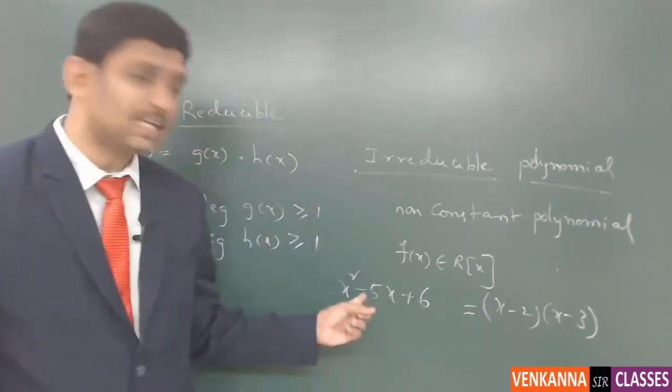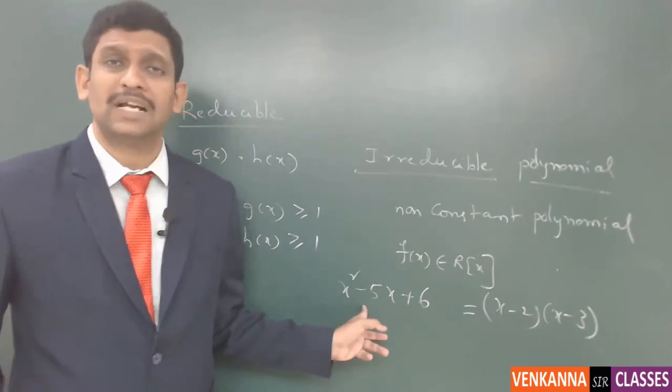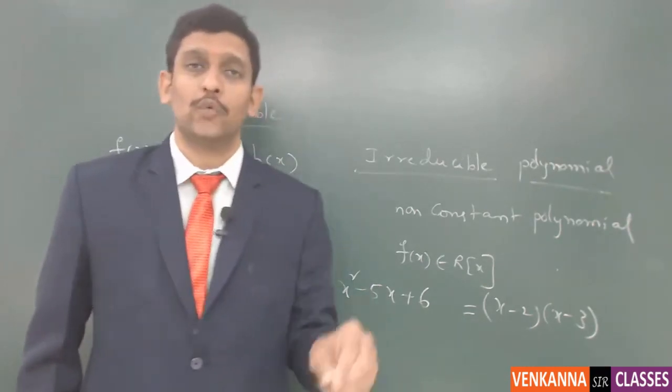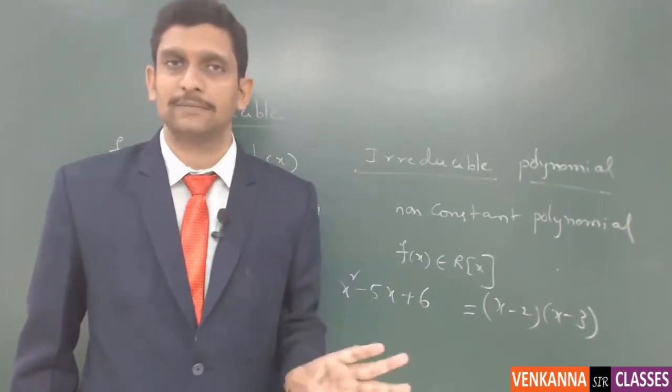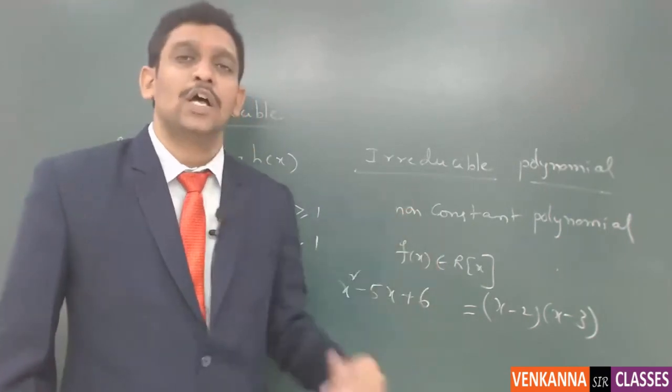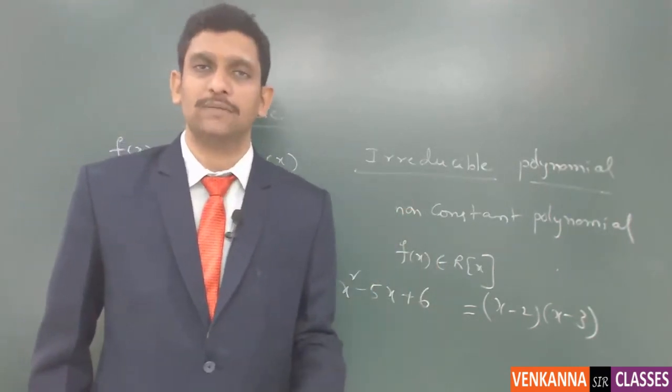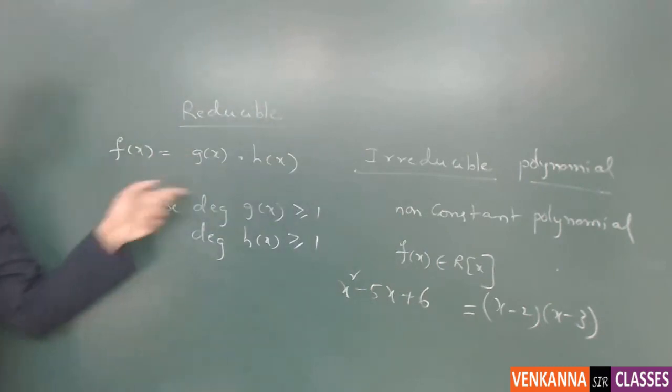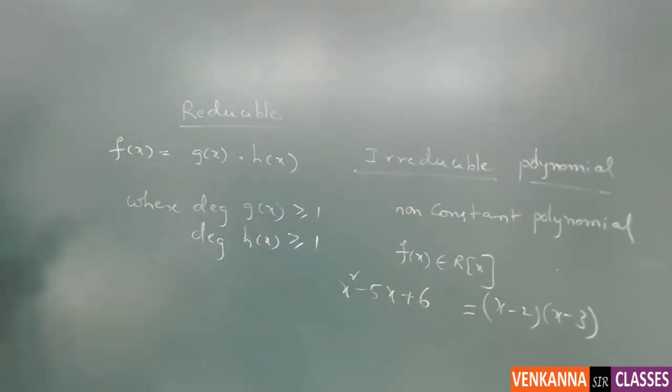So we can say that this polynomial is reducible because it is possible to write it as a product of factors. Irreducible means a product of factors is not possible, right? Such polynomials we call irreducible. Whenever this type of situation exists, we call it reducible; if not, we call it irreducible.